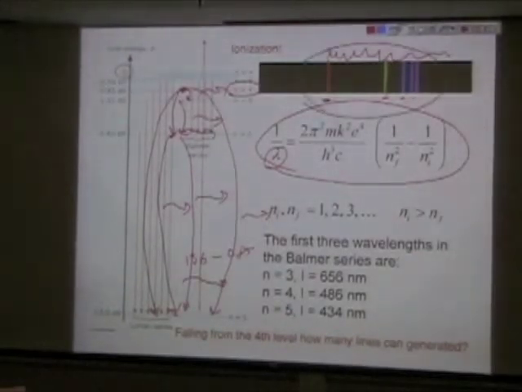And what's important is each element has a very specific set of lines. There are no two elements with the same set of lines. It's like a fingerprint for a person. So if you look at the spectrum, you can say what kind of element is present over there.